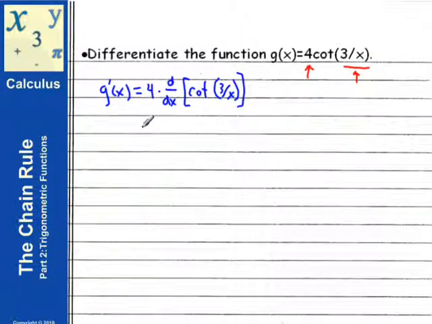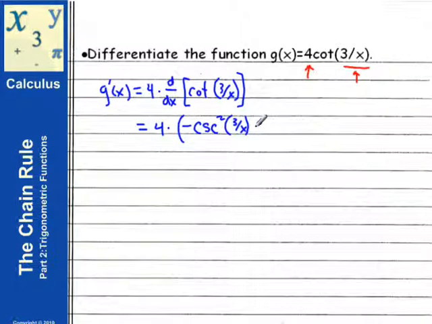Well, here we have the derivative of a cotangent function. We've got our 4 here. Well, the derivative of the cotangent function, remember, is negative cosecant squared. Because we have a negative, I don't want it to look like a subtraction, so I'm going to put this in parentheses. It's negative cosecant squared of 3 over x, just as we've done before.